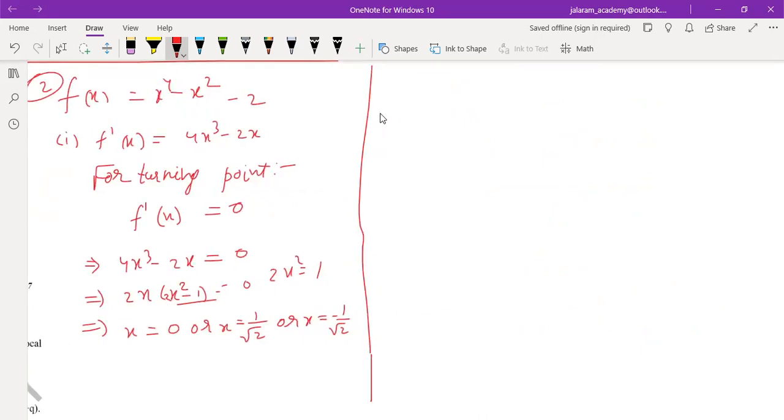So we will discuss the double derivative, that is f double dash x at all these points. First find f double dash x. It is 12x square minus 2. Then find f double dash of first case 0, which is minus 2.